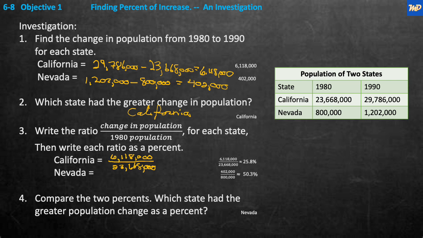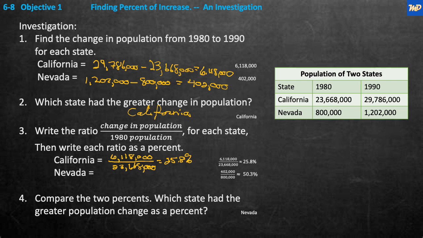So that's that value. And write it as a percent. And as a percent, it comes out to be 25.8%. Now let's look at Nevada.